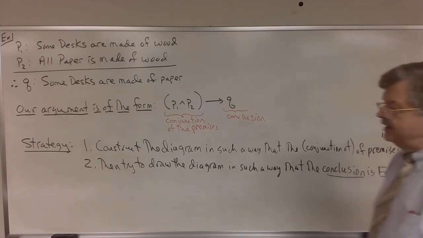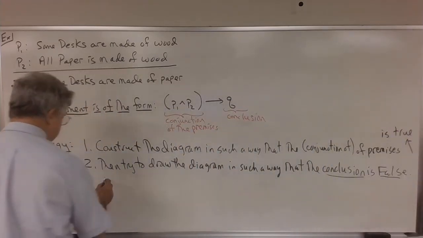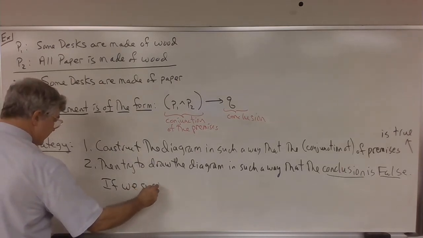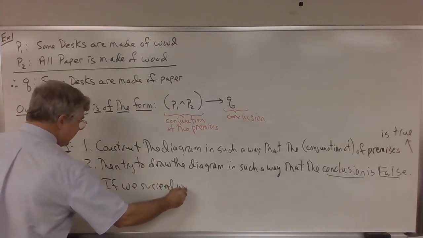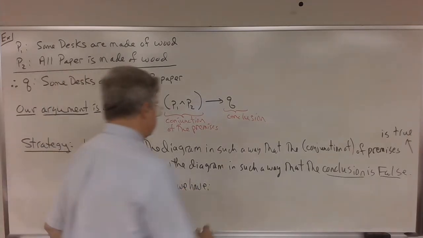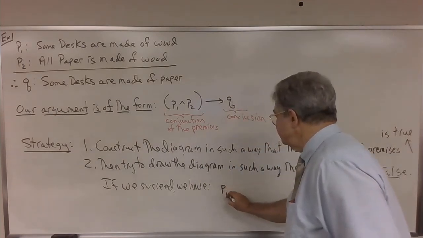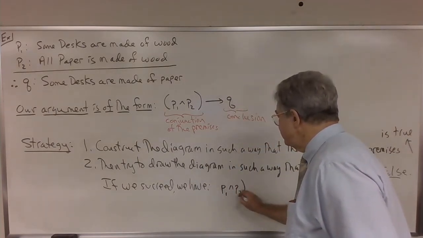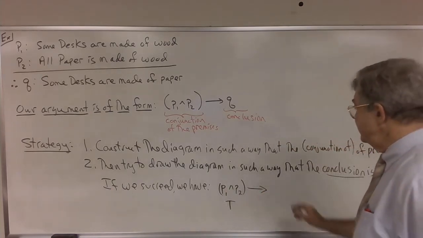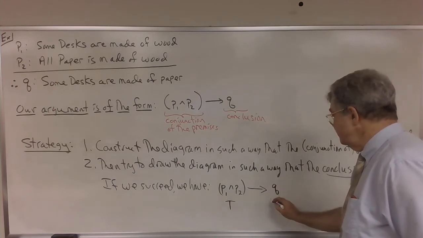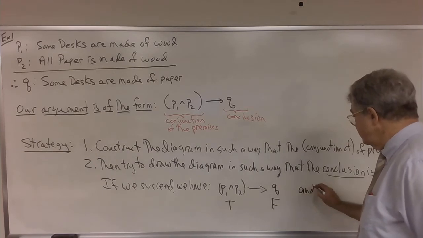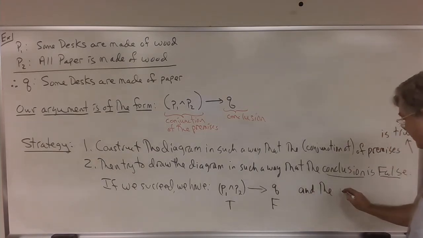If we succeed, then we have the conjunction of the premises, which are true, implying the conclusion, which is false, and the statement is false.